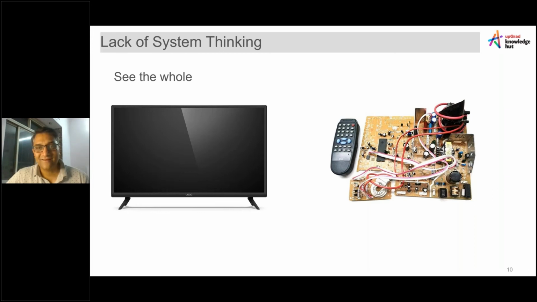You open that television, you get all the circuitry, and you try to replicate it. And with many of the problems we see, we feel that what we see on the surface is the way we need to do it. Systems thinking is not that. Systems thinking is all about understanding that the entire system is built through all these different components, and the flow of value across these components.